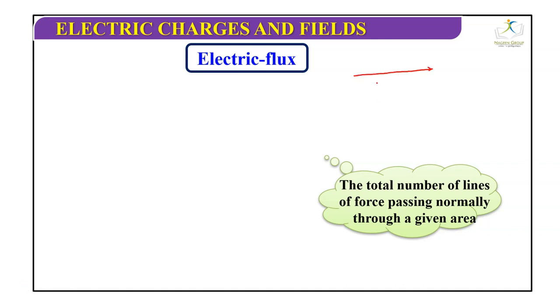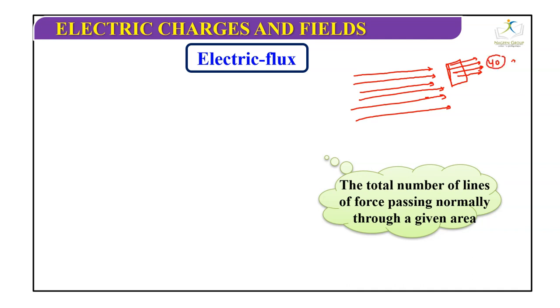Like, this is the electric field lines which is uniform, and suppose there are 100 field lines, and if this passes through a small window, does every line pass through this particular window? The answer is no. Only a few lines come across this section, and suppose this is 40. So this 40 will be the electric flux and the remaining will be the electric field lines.